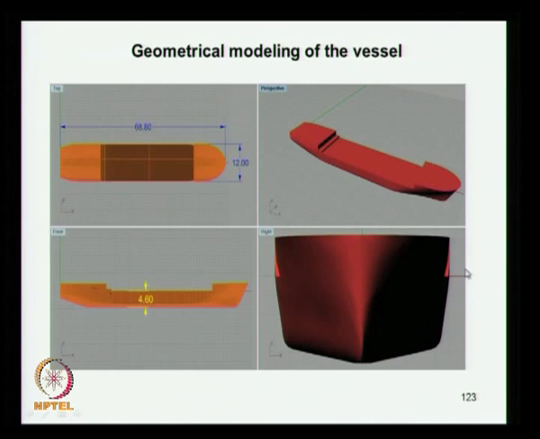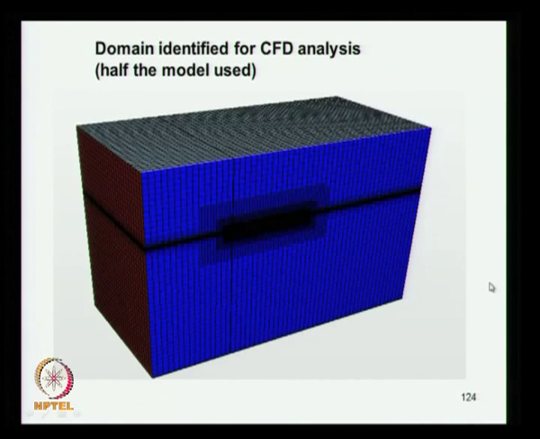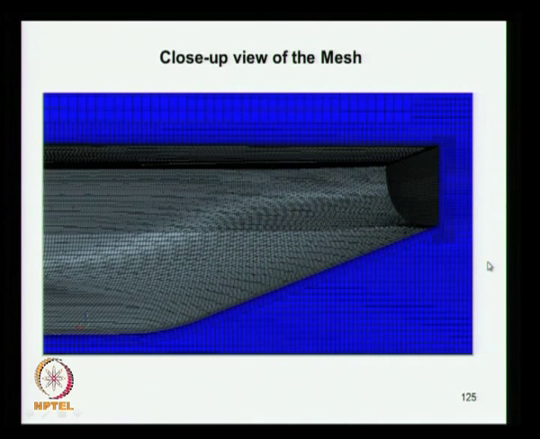This is a 3D model of the vessel. You can see these different views: this is a top view, this is a profile view, this is an isometric view, and this is a front view. Again only half the model is considered because of symmetry. You can see the symmetry plane here, and the domain analyzed is fixed based on standard dimensions.